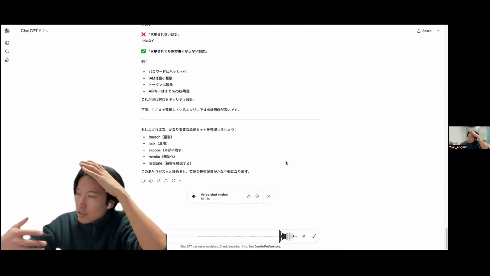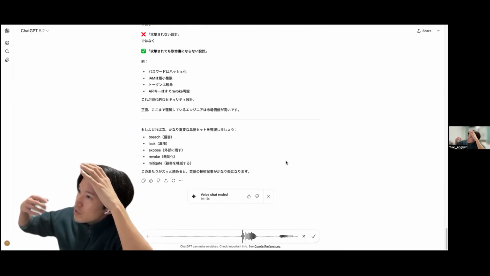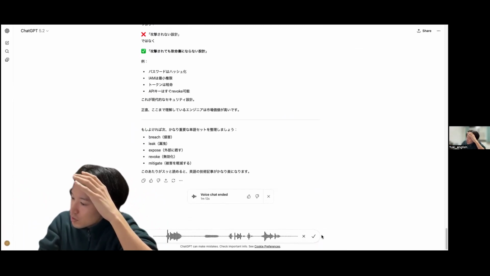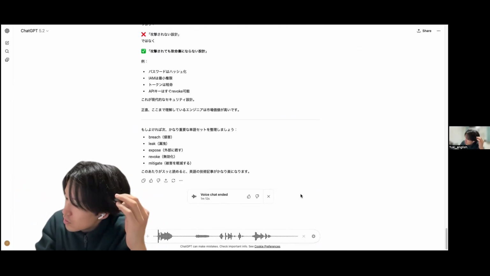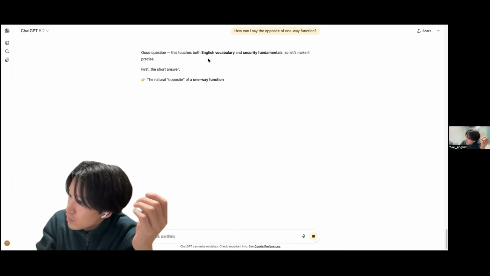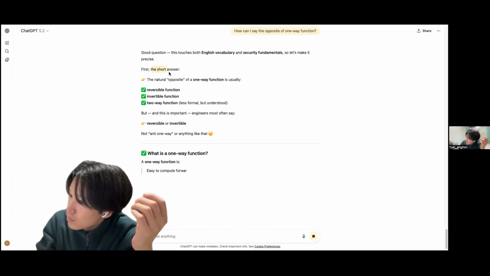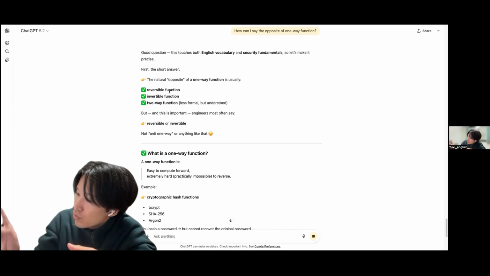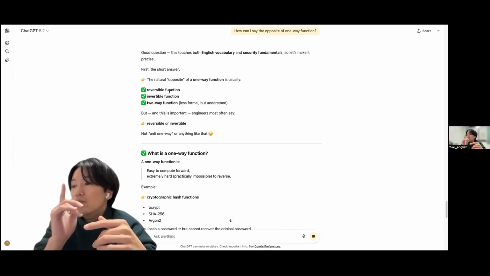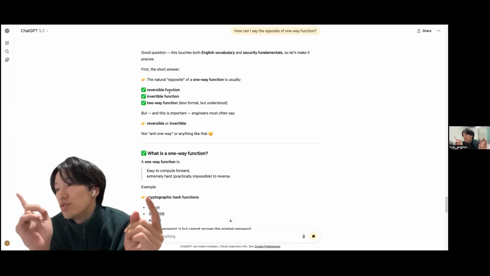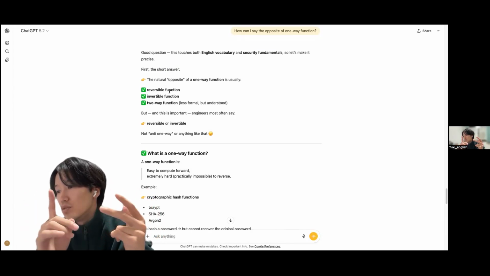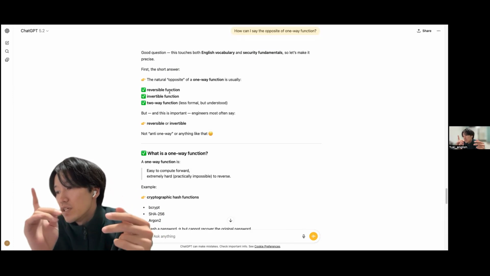How can I say the opposite of one-way function? Reversible function, invertible function, two-way function. But this is important. Engineers most often say reversible, invertible.